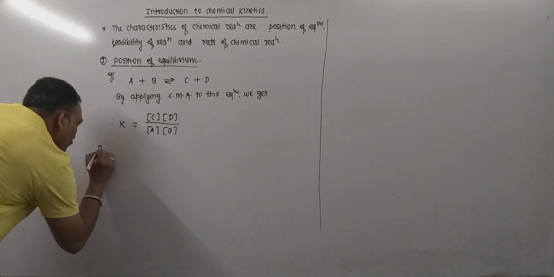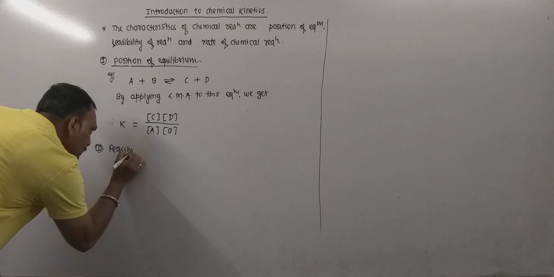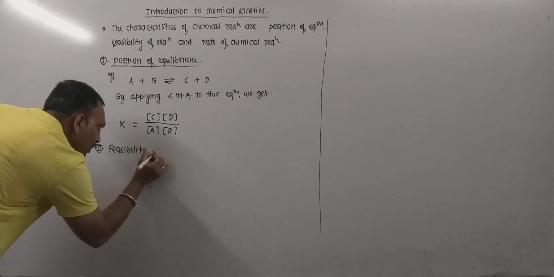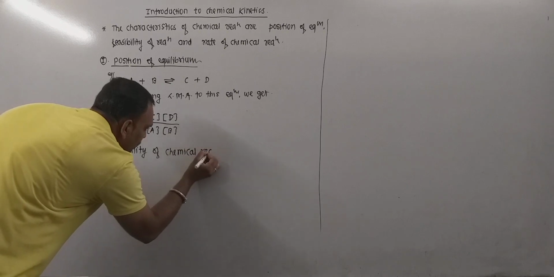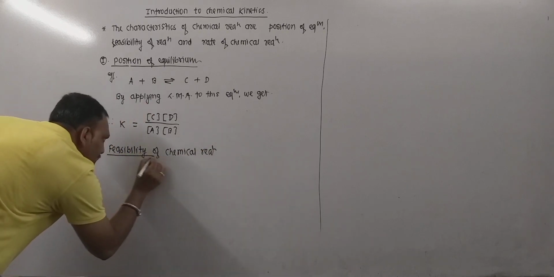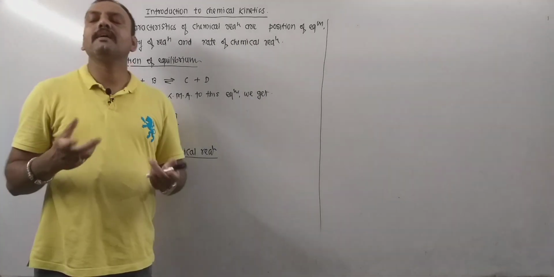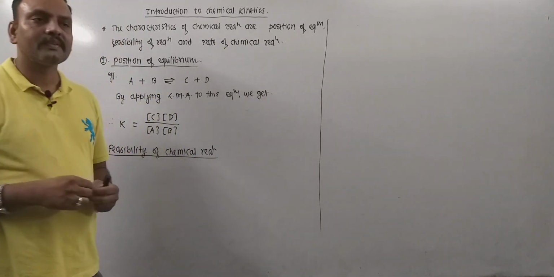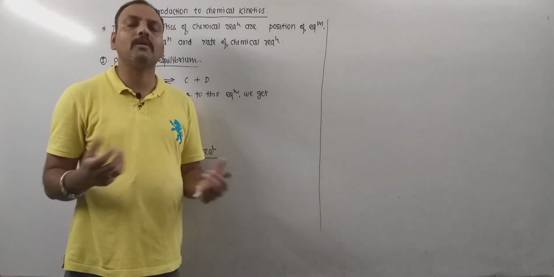Now the second very important characteristic feature is feasibility of chemical reaction. Now what is feasibility? Feasibility in other words can be termed as spontaneity, I mean whether the reaction will take place on its own or not.